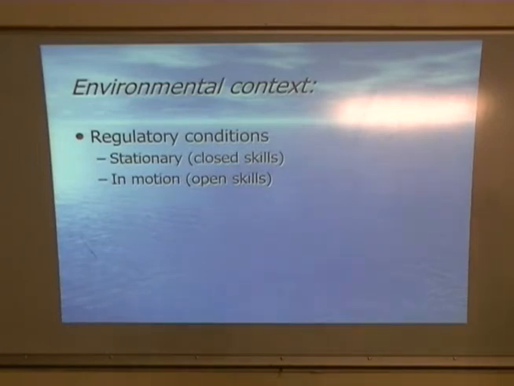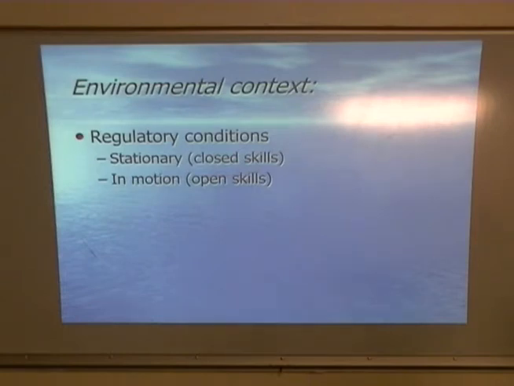So then she took her main divisions and started narrowing them down, making them more detailed. So her environmental context is divided into two. The first one is regulatory conditions. So this is like what's happening in the environment.